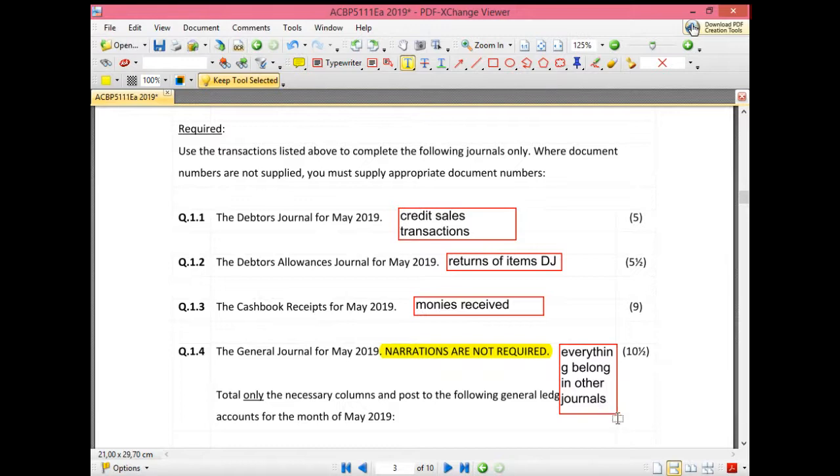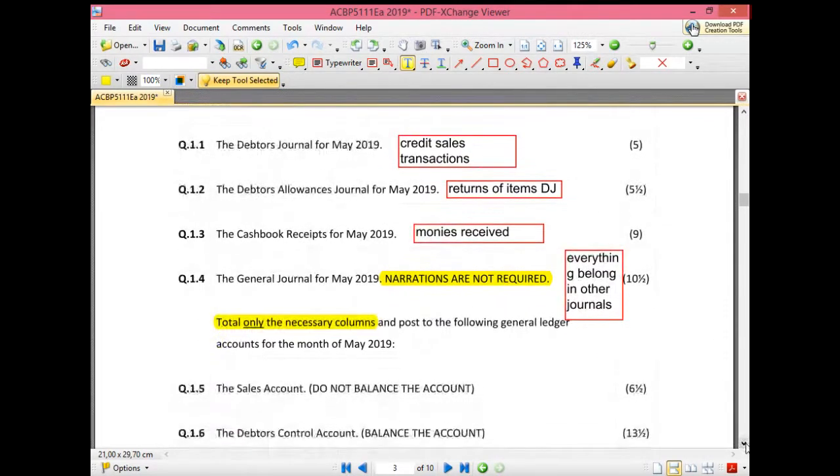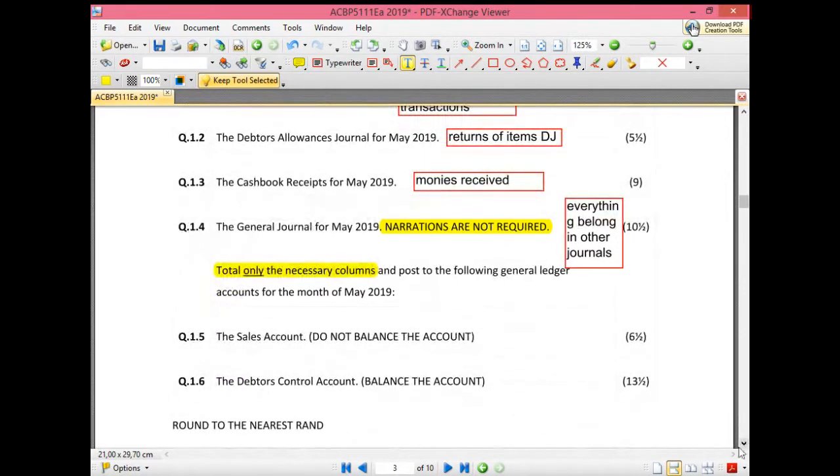Then let me just move this block quickly up here. The last thing is to total only the necessary columns and post to the following general ledger accounts. So you only total certain columns. Let's look at what general ledger accounts we have to do, because that will guide what columns you have to sum up.